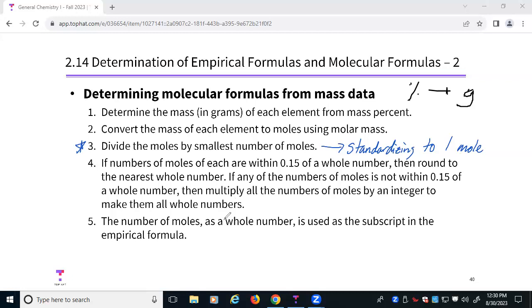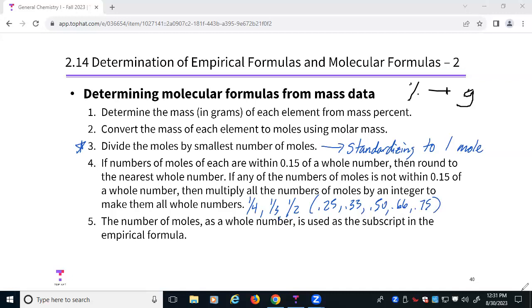What we want to look out for are fractions. In particular, we want to look out for quarters, thirds, and halves. So 0.25s, 0.33s, 0.50s, 0.66s, 0.75s.